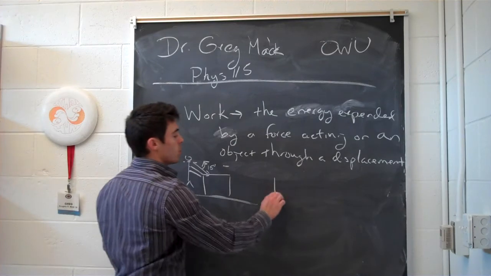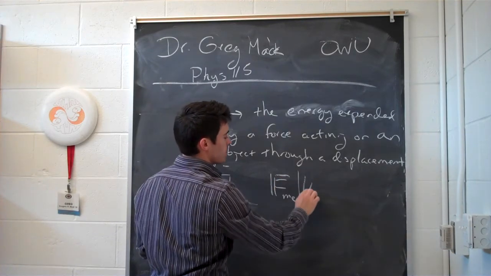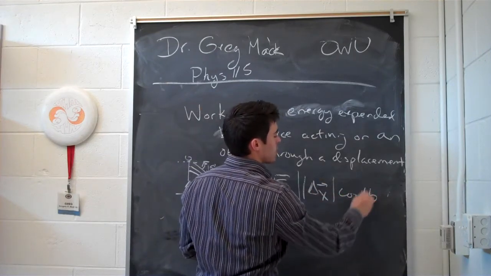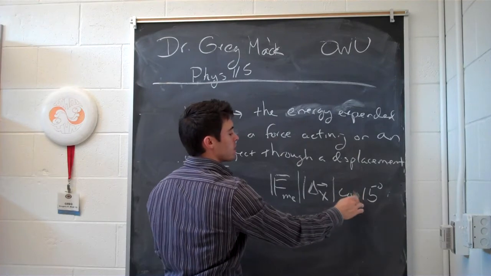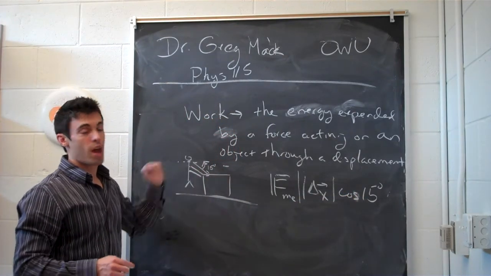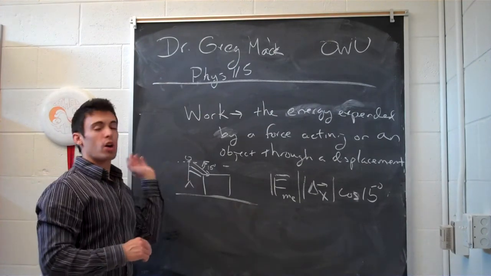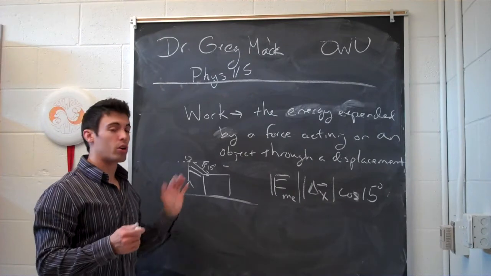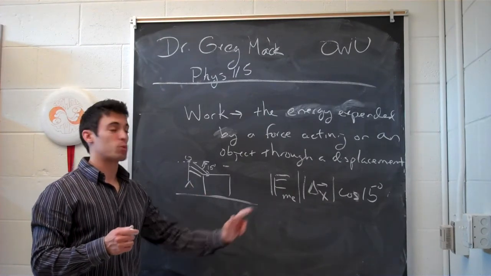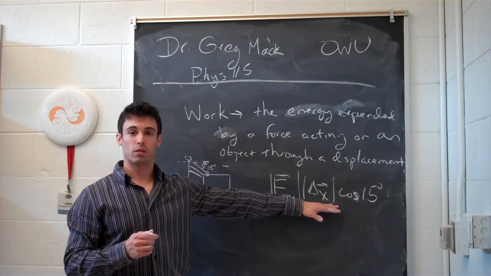Well, now you have the F that you're applying, F sub me, times the delta x, displacement it's going, times cosine of the 15 degrees, because that's the angle between the force you're applying and the direction. It's not the angle relative to some ground or some vertical, it's the angle relative to the actual displacement. It is the angle between the two actual things, the force you're applying and the displacement that it is going.